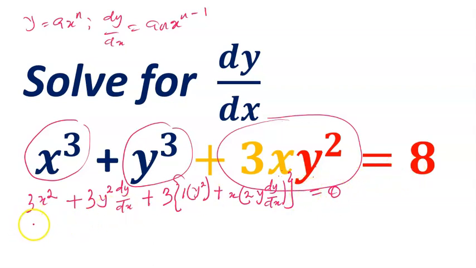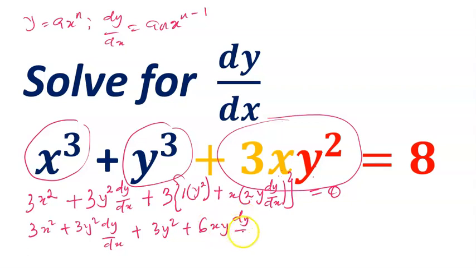So this is the same thing as saying 3x squared plus 3y squared dy/dx plus, now let's open this bracket, 3 times y squared becomes 3y squared, and then we multiply the 2, plus 6xy dy/dx is equal to 0.